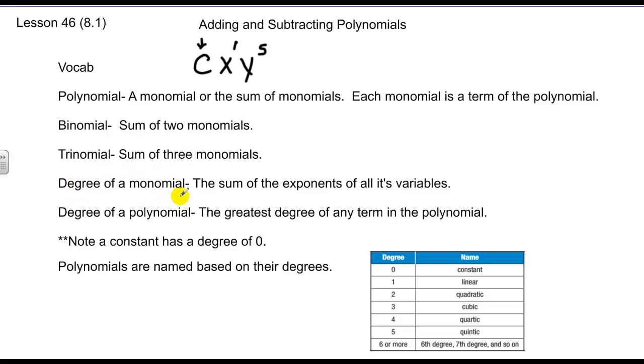There's something called a degree of a monomial. Okay, and a degree is the sum of all its exponents of the variables. So in this case, my two variables were x and y, and I have exponents of 1 and 5, so this has a degree of 6.